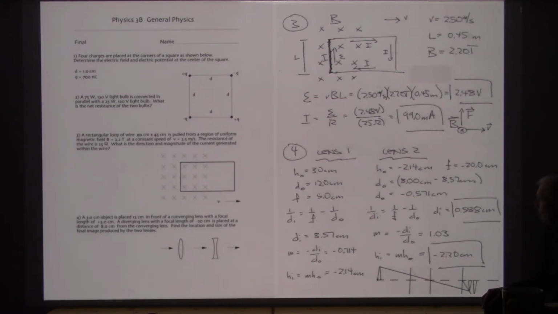The DO is going to be a negative number. So we can take that 8 centimeters and subtract off the 8.57, and that gives us a DO of negative 0.571, where the negative sign says that it's a virtual object. It's out beyond where the second lens is.